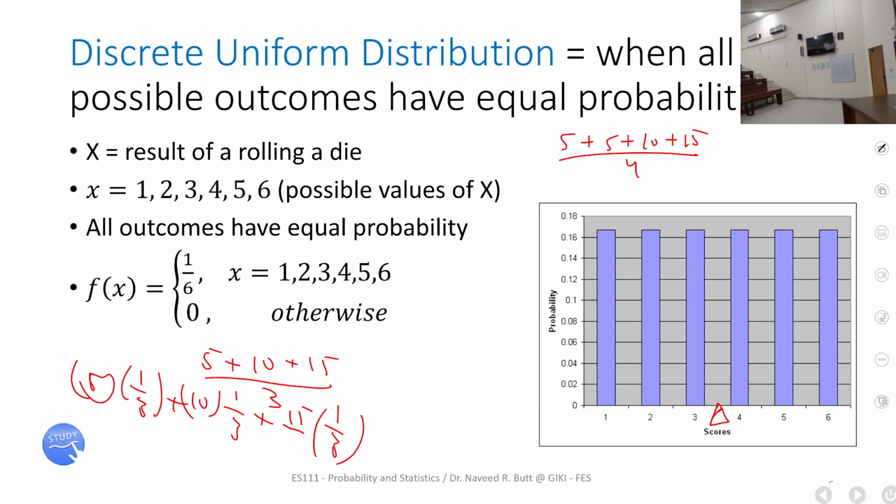Well, 5 appears twice, so you're saying 5 has a probability of 2 by 4. That is 5 plus 5, which is 5 times 2, 10, plus 10 has a probability of how much? 1 by 4, plus 15 has a probability of 1 by 4. Are they the same? Exactly the same.